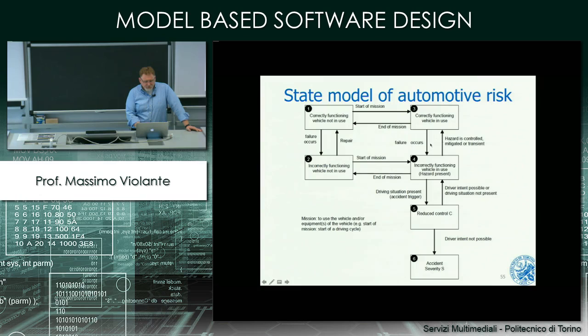So here we have the capability of controlling the failure. If this is the case, we can end the mission. So we were able to recognize that the car is not braking as it should. So we park it on the sideline and we turn off the engine. So we are here in a correctly functioning vehicle, not in use.